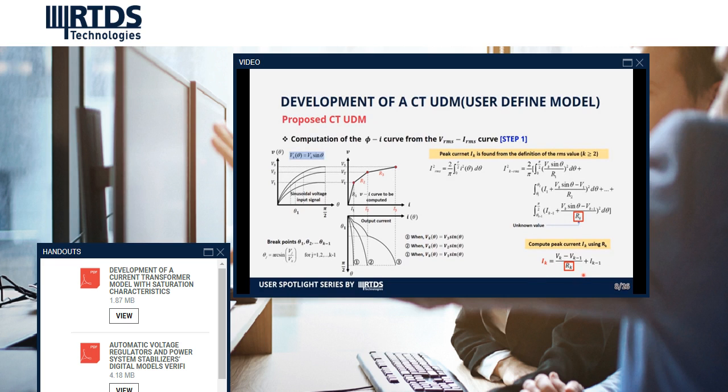This computation is done segment by segment, starting with the second point of the RMS current value and ending with the last point of the RMS current value. Whenever a point of peak current has been found, it is placed on the horizontal axis. In this way, RMS data can be converted to peak values no matter how many data points there are.